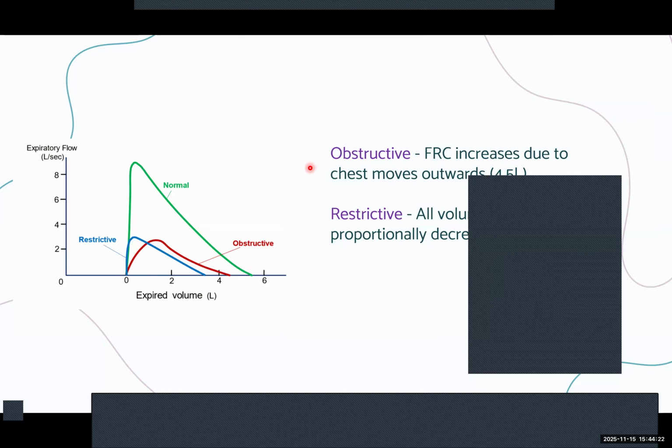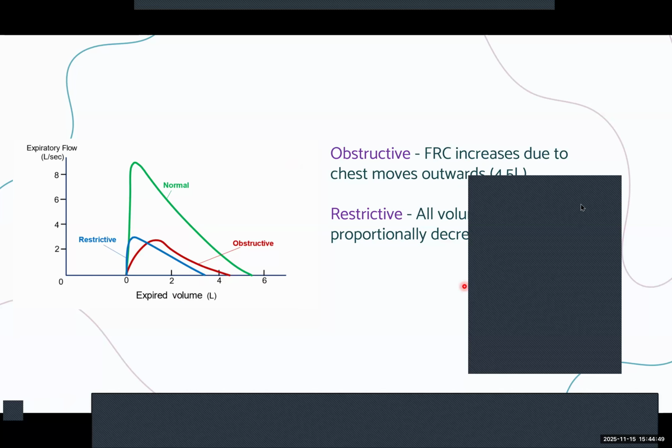In restrictive, he can't even breathe 3 liters, for example; he might just breathe 2 liters. Even if he puts in more force, he might be able to breathe 3.5 or 4 liters, but he can only exhale that much. In emphysema, he might breathe in like 9 liters, but only 4 liters can be exhaled.